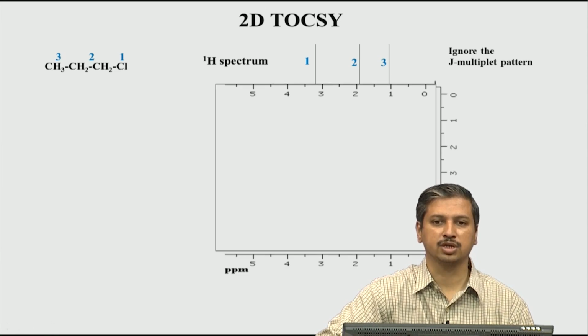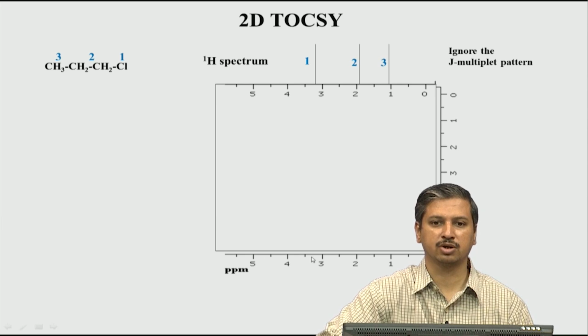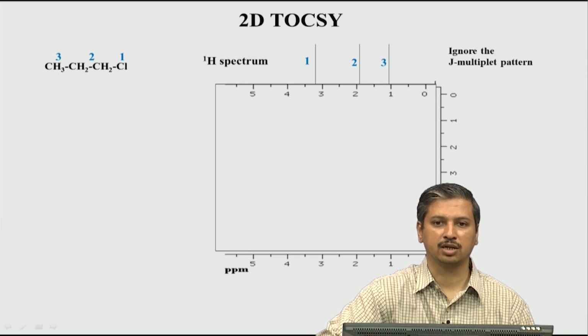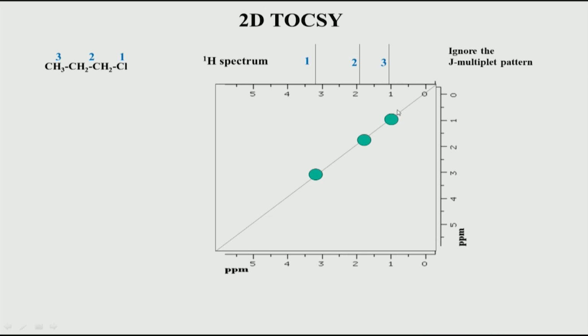Now, if you go to TOCSY, you see in the horizontal axis is hydrogen and the vertical axis is also hydrogen. So, both these axes are hydrogen. So, now let us draw what we expect for this particular molecule. So, like in the COSY, we first get the diagonal peaks, which are nothing but the peaks coming at the same position.